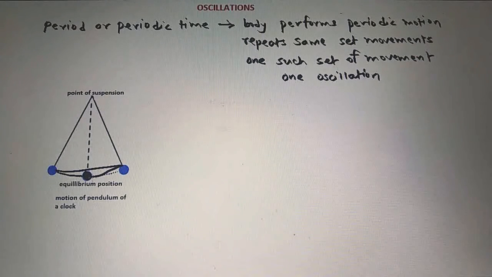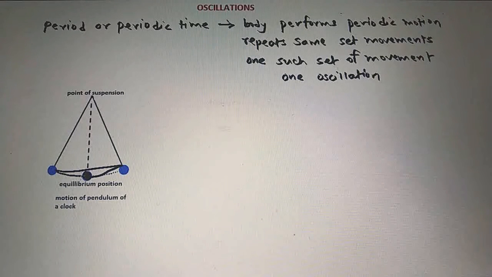So this pendulum performs periodic motion and repeats the same set of movements. One such set of movements is called one oscillation.